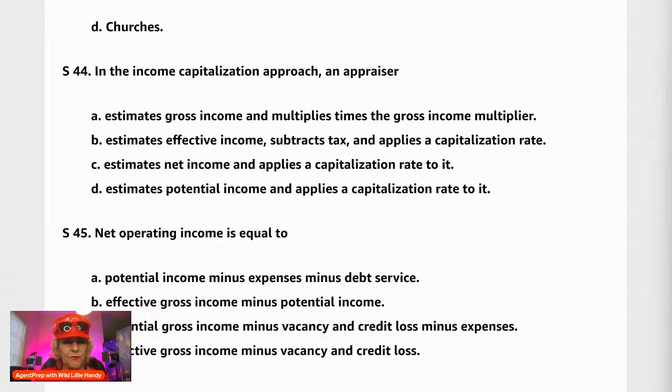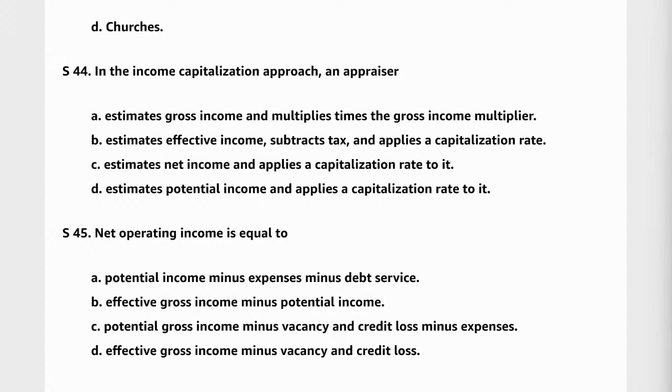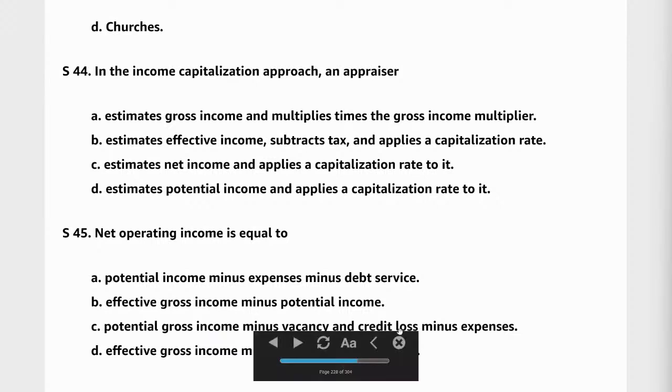All right, number 45. Net operating income is equal to: A, potential income minus expenses minus debt service. B, effective gross income minus potential income. C, potential gross income minus vacancy and credit loss minus expenses.